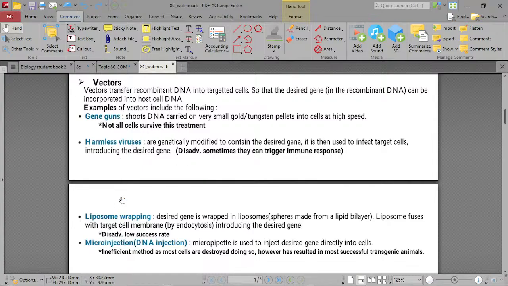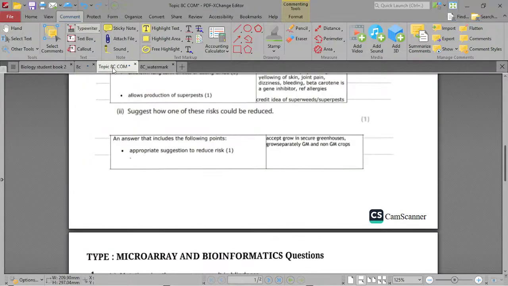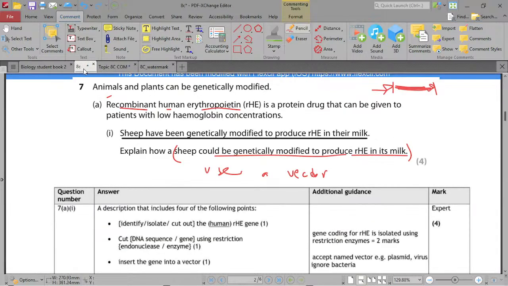Because now we have the plasmid, and when we want to put it into a bacteria, how do we put it in there? To inject it in, we can use gene guns, harmless viruses, liposomes, or microinjections. So let's just say microinjections, right?